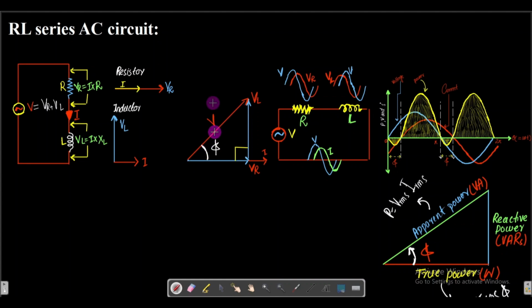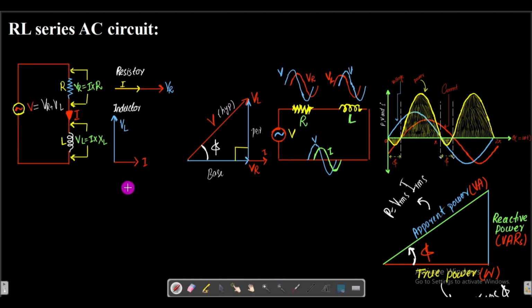We will find this voltage. This is the hypotenuse, this is the perpendicular, which is present opposite to this angle, and the adjacent side with this angle is treated as the base. So this is the base, this is the perpendicular, and this is the hypotenuse.